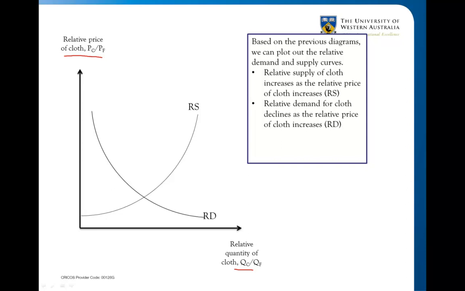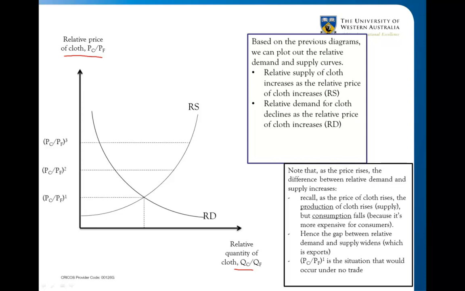As the relative price of cloth increases, remember, the demand for, and therefore the consumption of, cloth declined. So we can think of this as this original point here where consumption equals production. There's no trade. I'm not going to go back to the slide, but you can go and have a look at it. Remember when the relative price of cloth increased, we started to get trade.